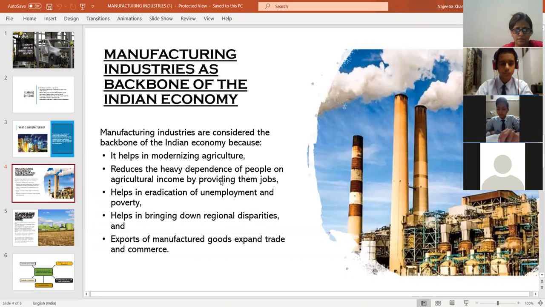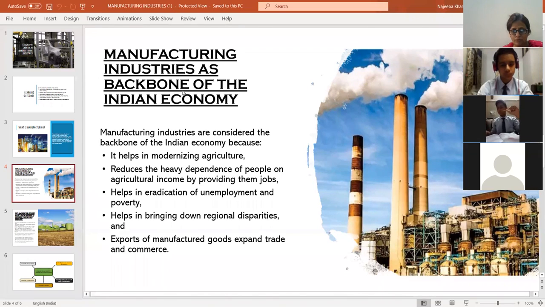Many places you can see that people are finding jobs because of agriculture. Ma'am, I have a question. Yes, what is your question? Ma'am, in the book it is also written that agriculture is the backbone of the Indian economy. Yes, that is why we are studying these points. These points clarify this.